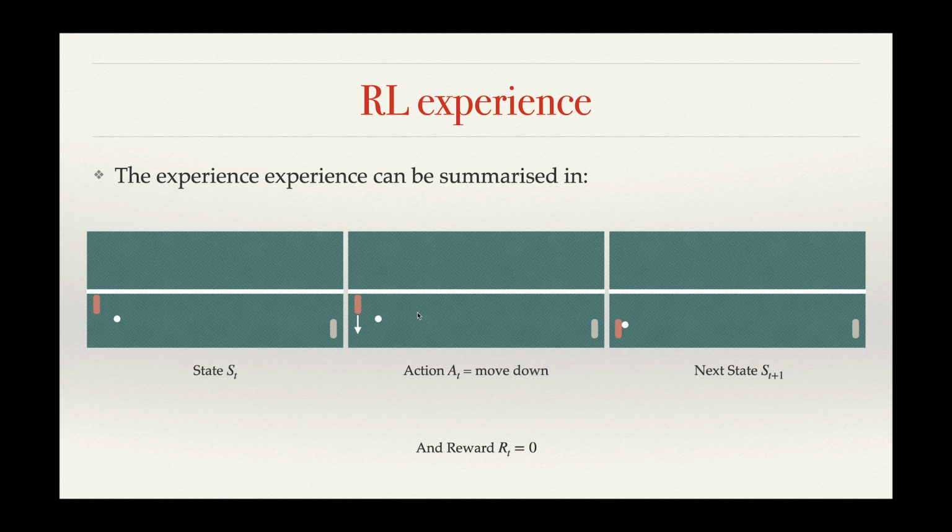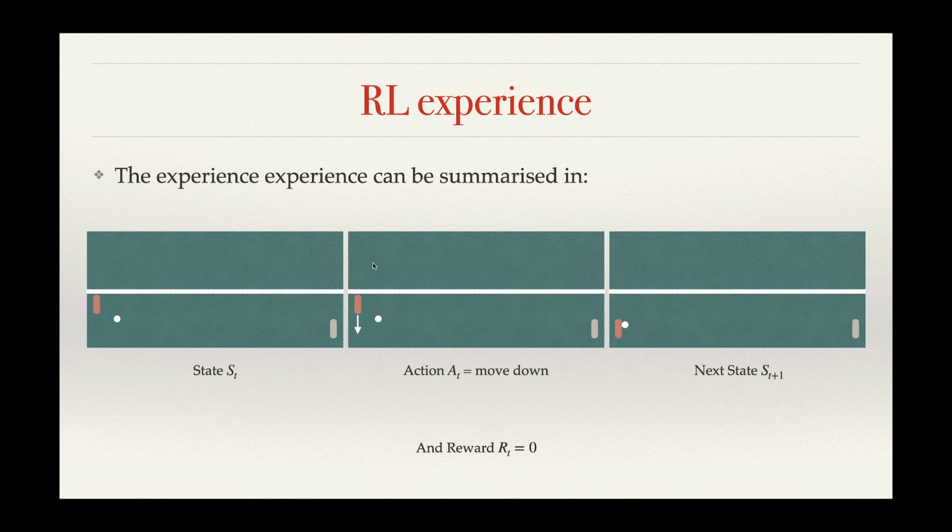And the next state, when the agent decided to go down, is that the agent is down and it hit back the ball. So we have here state, action, next state, and the current reward. And the current reward here is equal to 0 unless you have another reward function, for example, you put here +2.